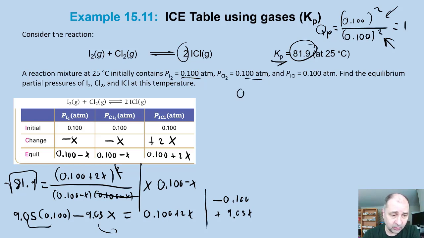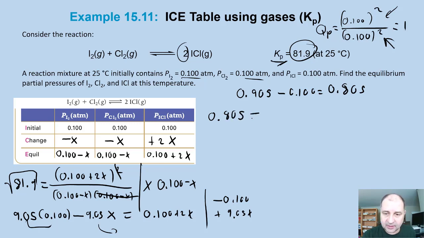So what ends up happening here is these 2 together make 0.905, and then if I subtract 0.1 from it, I get 0.805. So this is going to be 0.805 equal to, and I got rid of this. I have 2x.